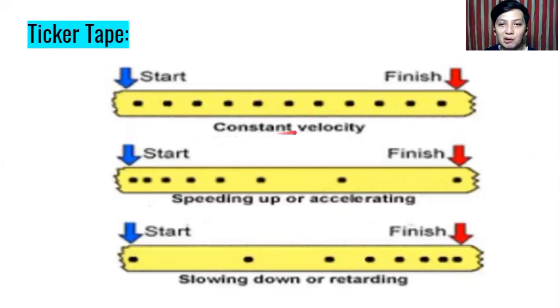So this one is a constant velocity because as you can see, nothing has changed. When you see that at first the dots were very close and then they become apart from each other, meaning to say it speeds up or it's accelerating. And then when you see this part, at the start the dots are very far from each other, and then after the end point, they become closer to each other, meaning to say it slows down or is decelerating, meaning the motion of the object decelerates.